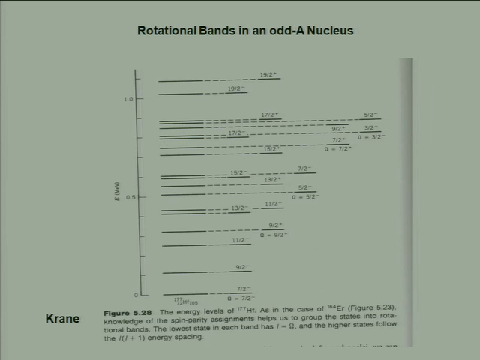So previously, when we were talking about rotations, we were imagining only even nuclei where the ground state has spin zero and even parity, and all I'm doing is rotating it and building up rotational excitations built on that 0 plus level. We haven't yet talked about rotations in odd A nuclei, and you might think, well, why shouldn't they happen as well?